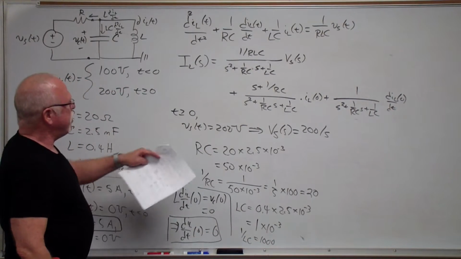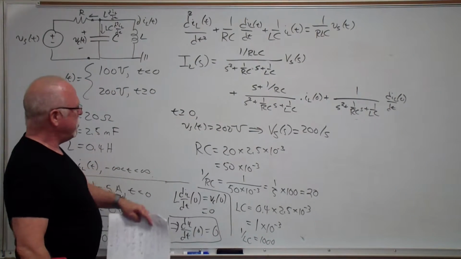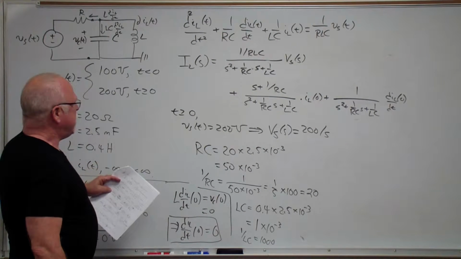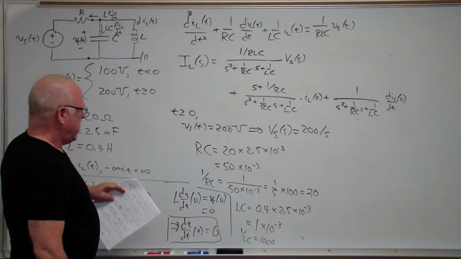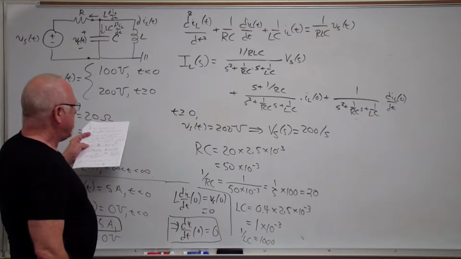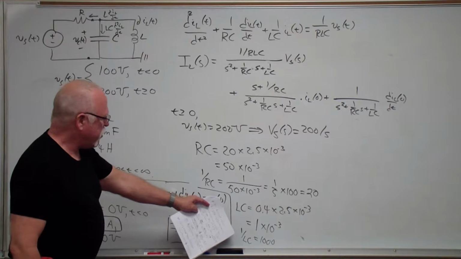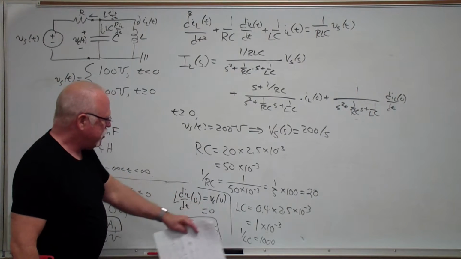So now we can plug those in for our parameters up there. 1 over RLC is going to be 20 times 1,000, which is 50.